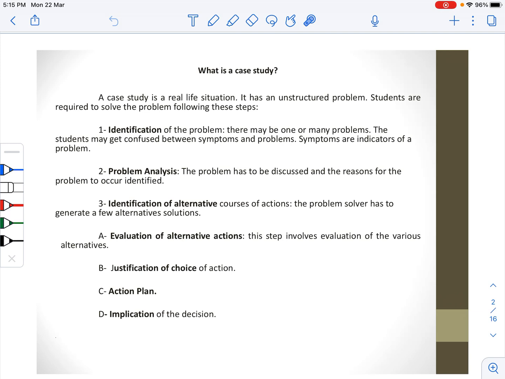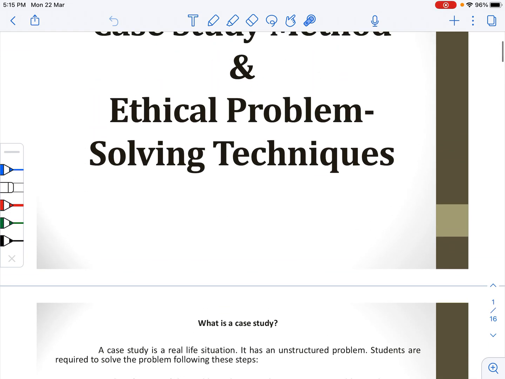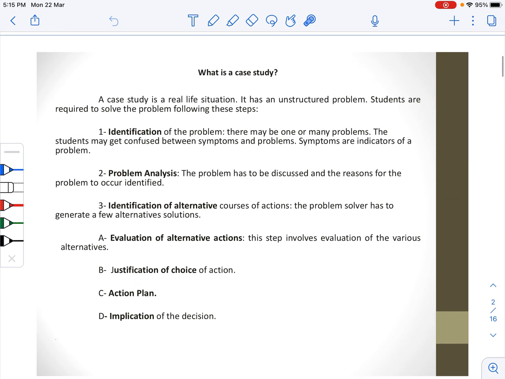When a case study is given, it will be like a paragraph of a story of a situation, and you need to solve the case study based on certain techniques that I will teach here.